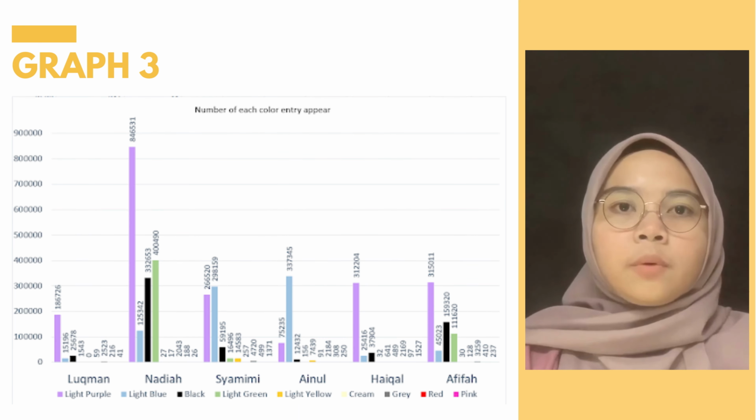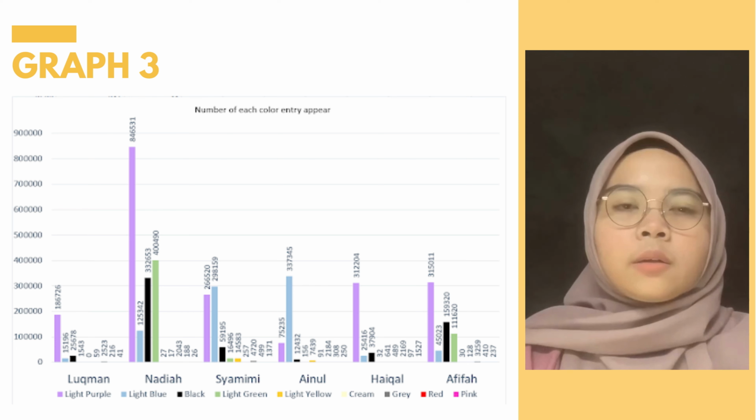Next, for light blue, we have the highest value by Ainu with 337,314, and the lowest is Lukman with 15,196.